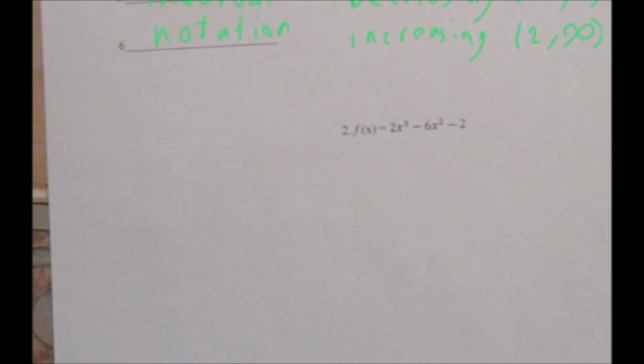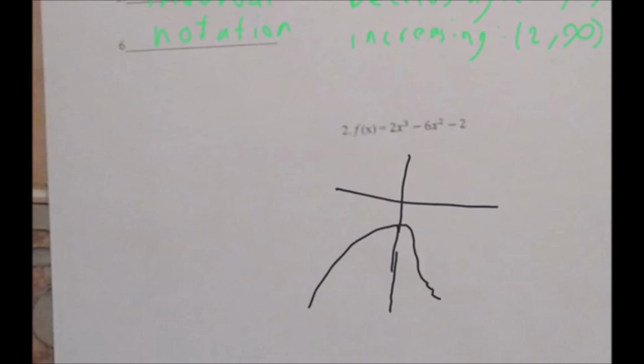Alright, now look at number 2. This one's a doozy. So our first step was to sketch the graph, right? And it should look, actually, let me erase this x-axis here, because it should look something along the lines of this.